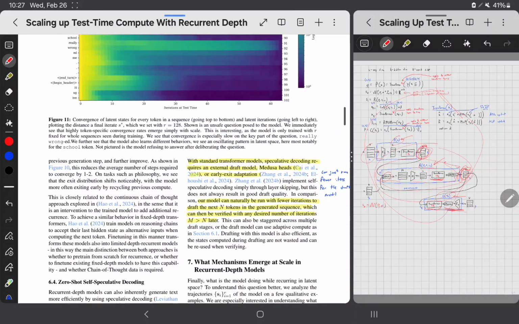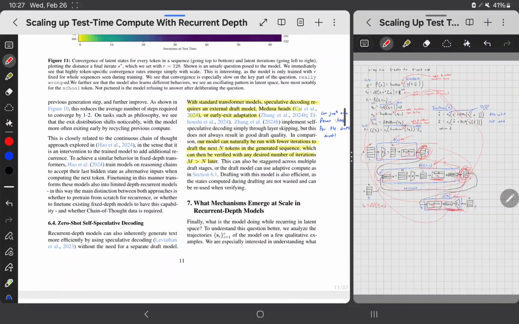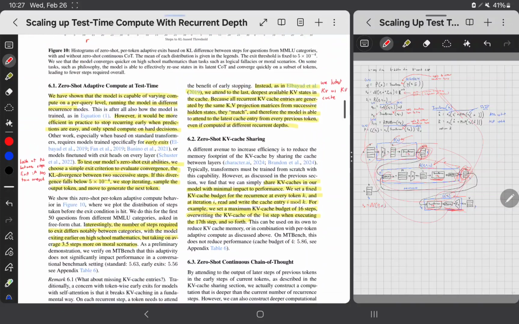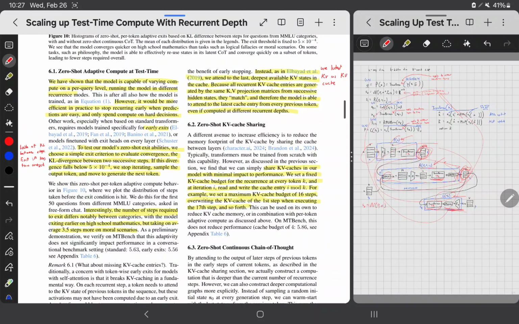So they also mention this KV cache problem. Normally you have to do KV caching, but if you do an early stop, then there's going to be a problem because you don't have the KV cache for every recurrent iteration.